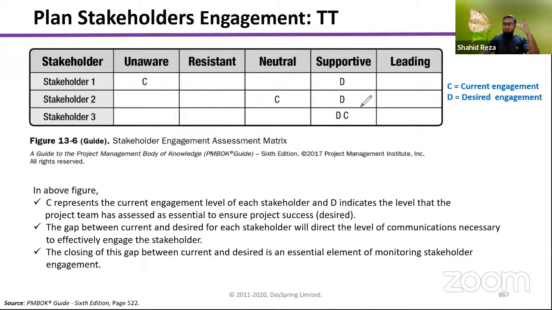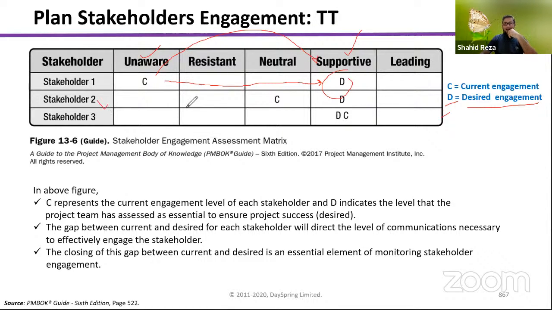But to make the project successful, we need him to be supportive here. D means desired engagement. That means there is a big gap, right? He is unaware, so we have to give a lot of effort to make him supportive.